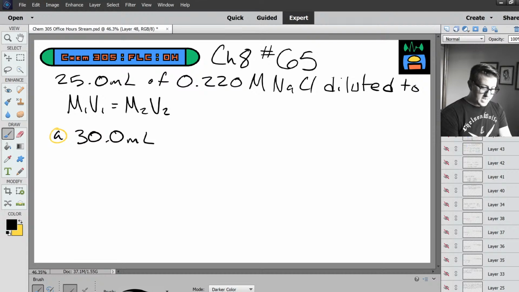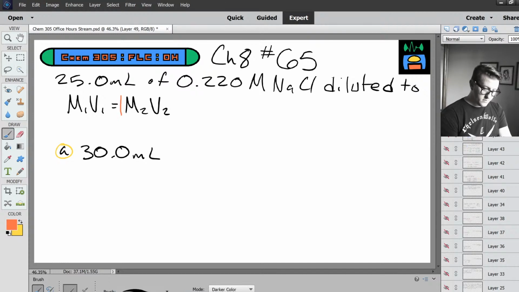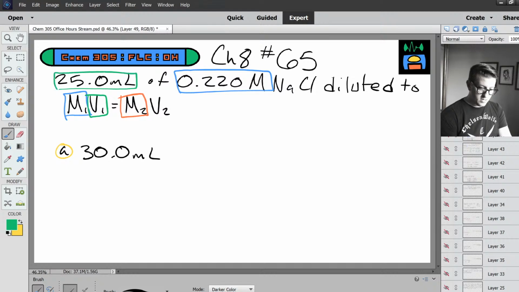And they're asking us to find the final molarity each time, because they've given us M1 here, they've given us V1 here, and V2 is given in part A, so they want us to find M2 every time.